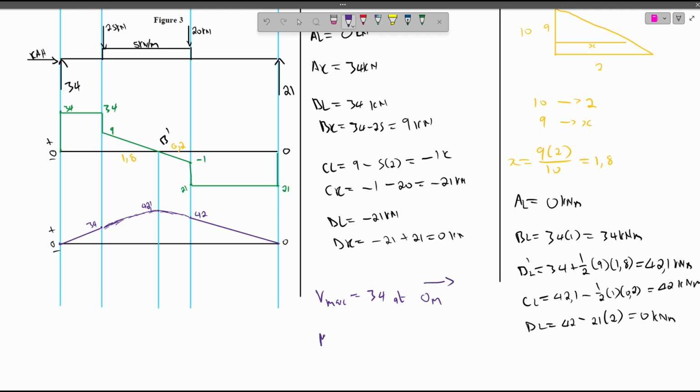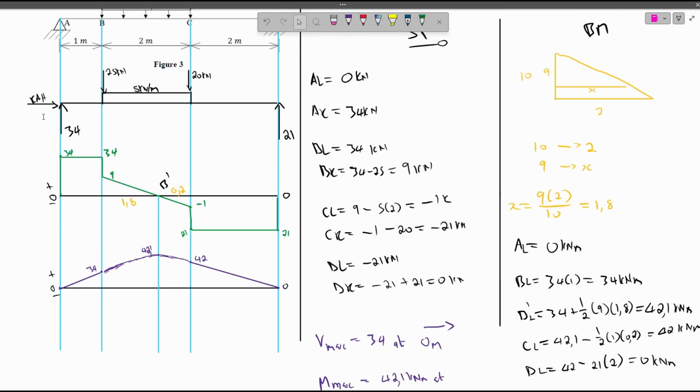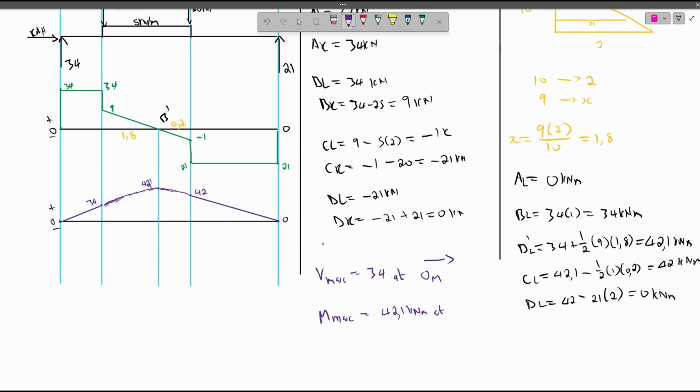And then our maximum moment will be 42.1 at 2.8 meters from the left.